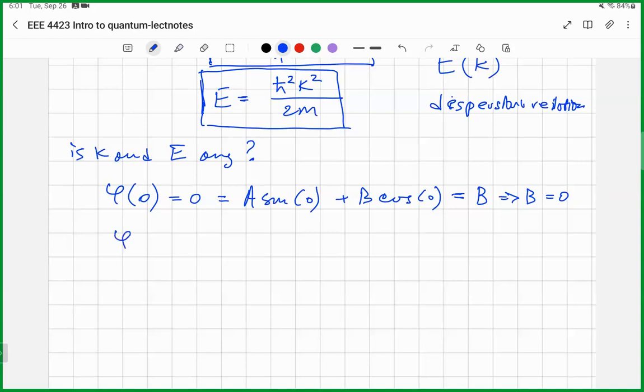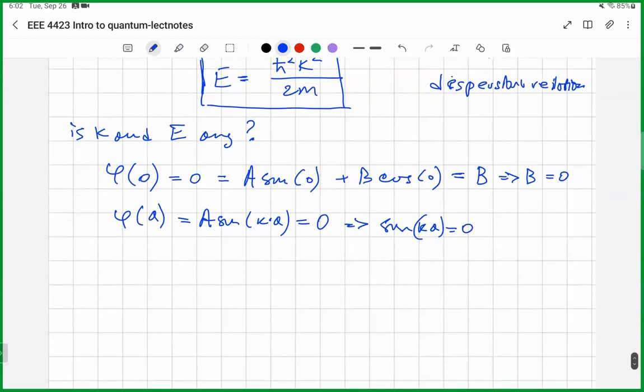So similarly for the second wall, which has the coordinate a, right? It's going to be equal to a sine k times a, and it's also equal to 0 because of the boundary conditions. Okay, so for non-zero a, we conclude that sine ka is equal to 0.